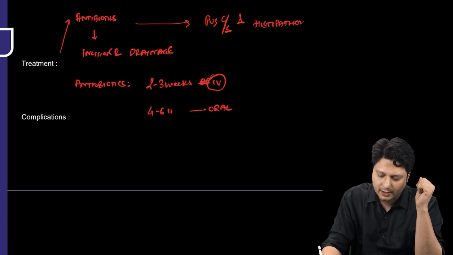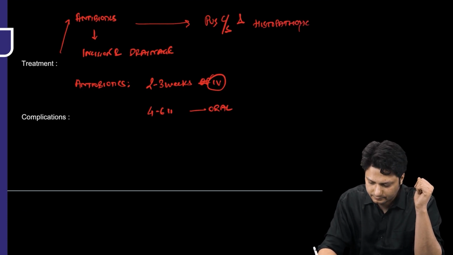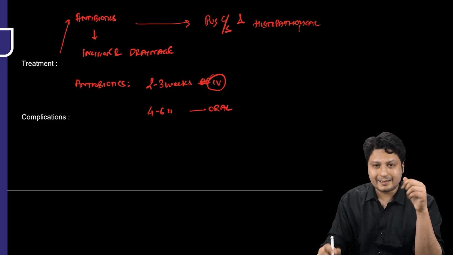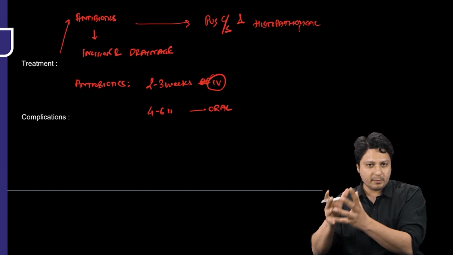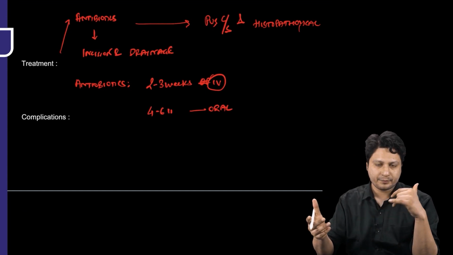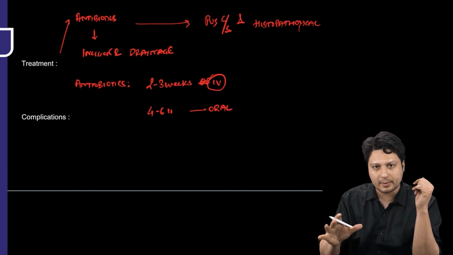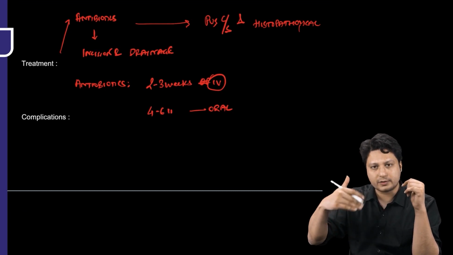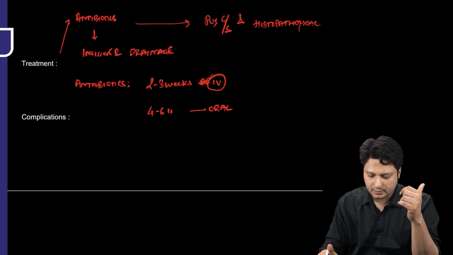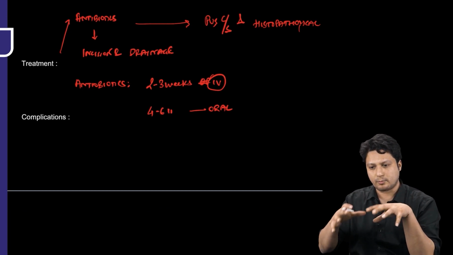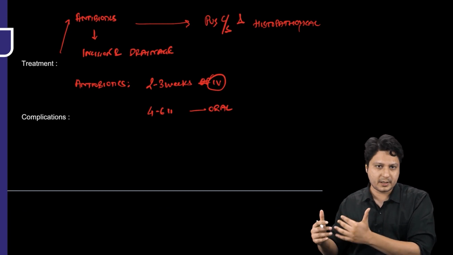Why histopathological examination? Because acute osteomyelitis very closely mimics Ewing sarcoma. So histopathological examination is also required in order to rule out Ewing sarcoma if the patient is suspected to have it. So pus culture sensitivity and histopathology of the aspirate that you have obtained.